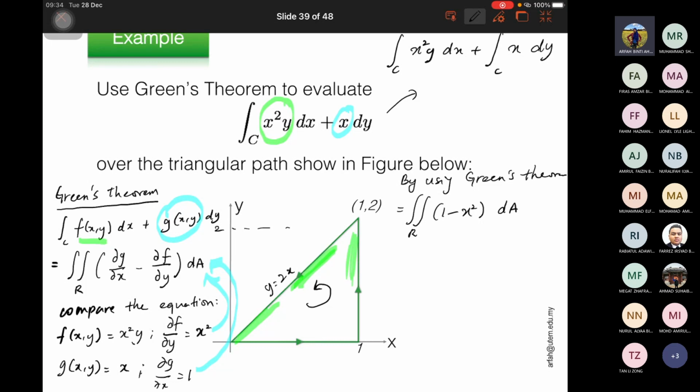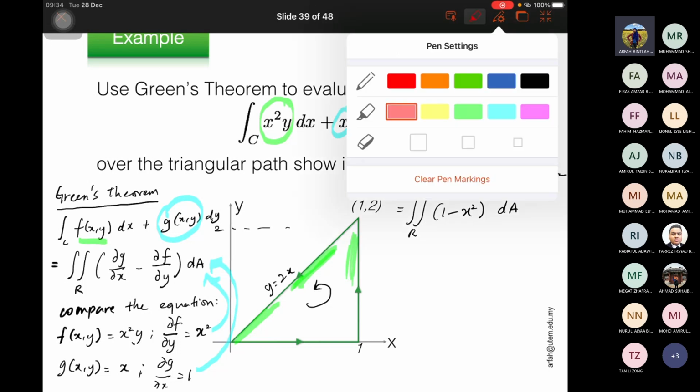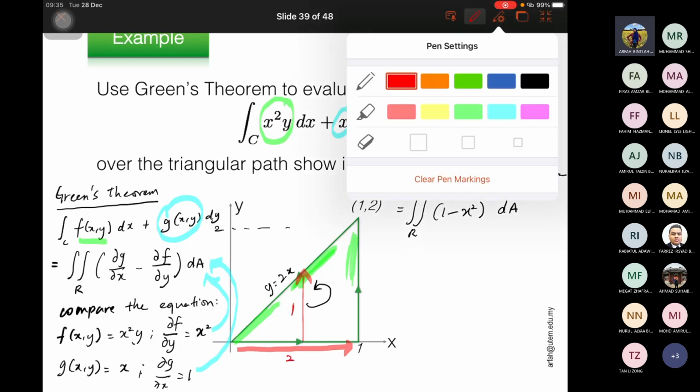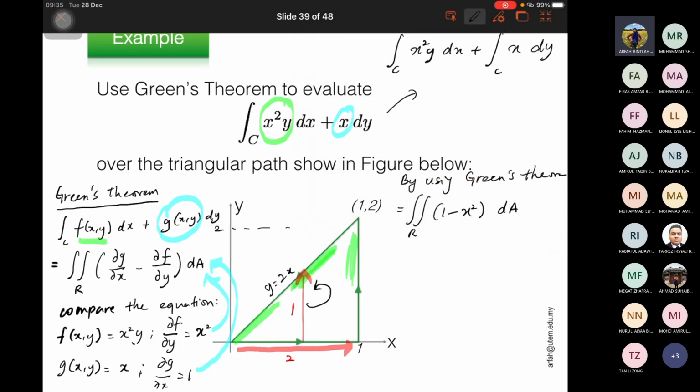Okay. So for dA, it's up to you whether to move from top to bottom or left to right. Let's say I move from bottom to top first, and then left to right. This is the second movement. So this is the first movement and this is the second movement. So from that we get the integration of 1 minus x to the power 2.